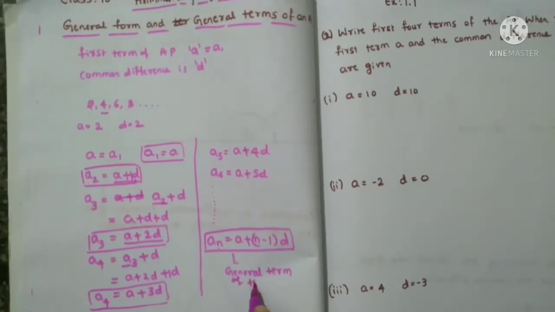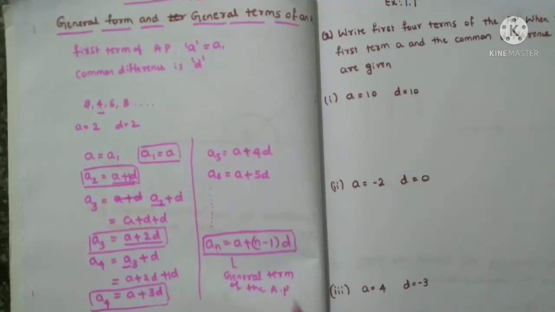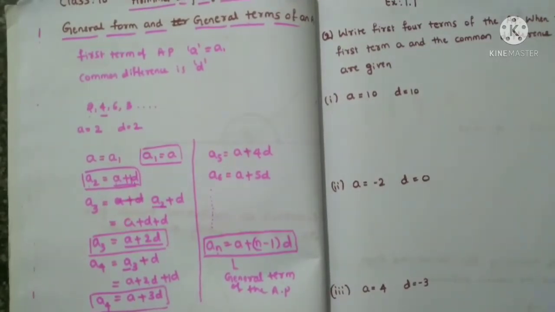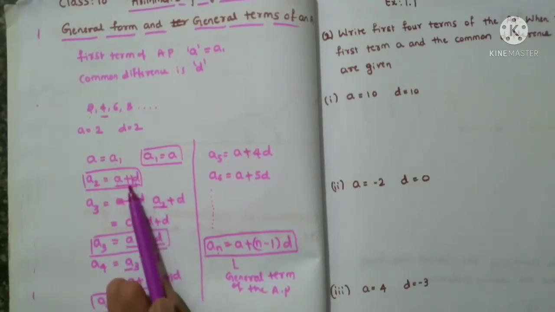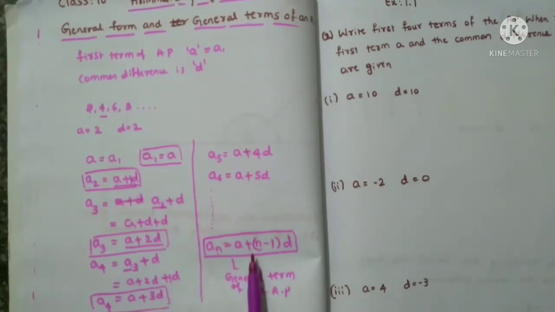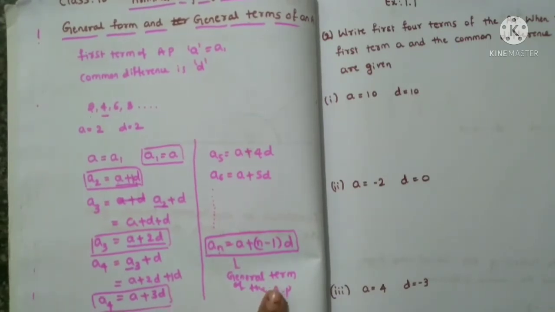In the exam they'll give some multiple choice questions: what is the general term of the AP? They will give the options: a plus d, a plus 2d, a plus 3d, a plus n minus 1 into d. This one you have to write. This is called the general term of the AP.